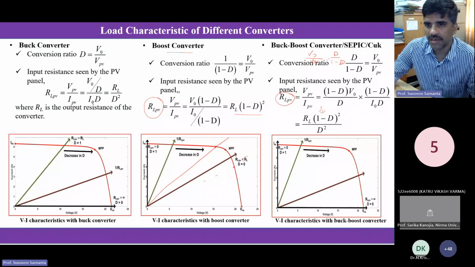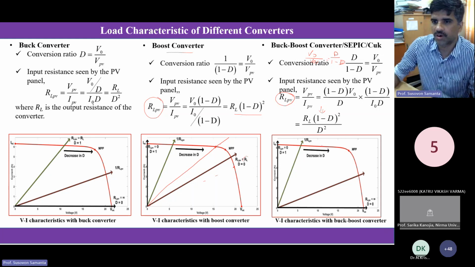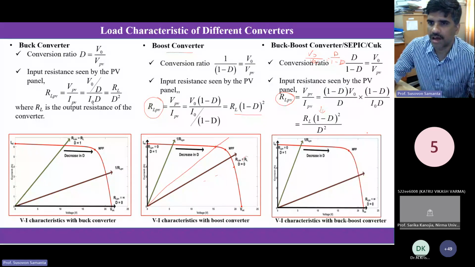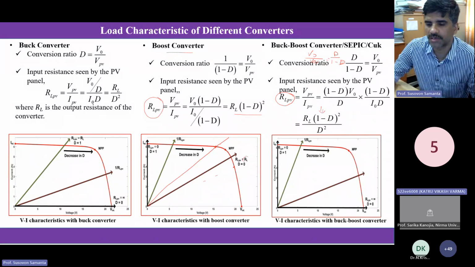Now, if you put D equal to 0, then you will have an infinite resistance. So this will be the operating point for D equal to 0. And for D equal to 1, this is 0. So this will be the operating point.